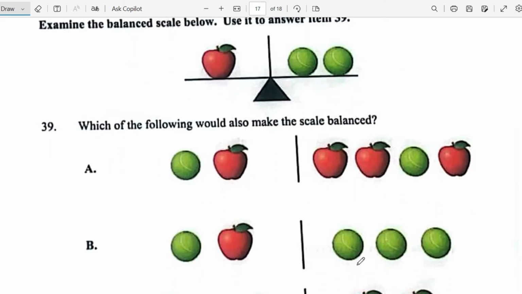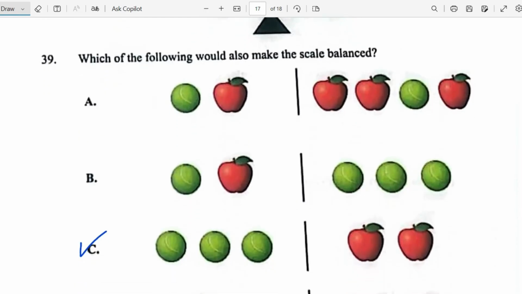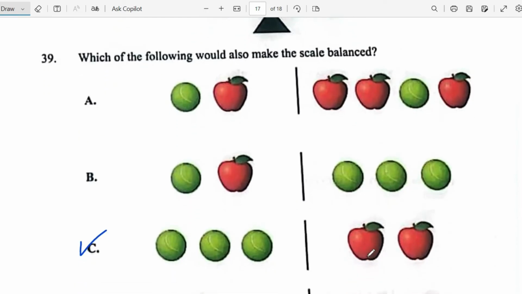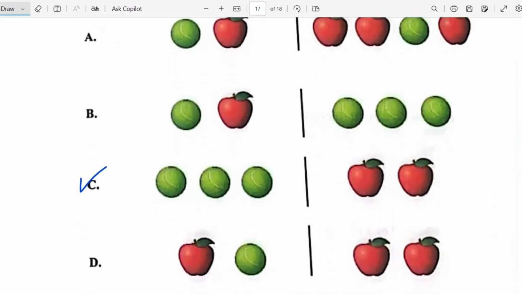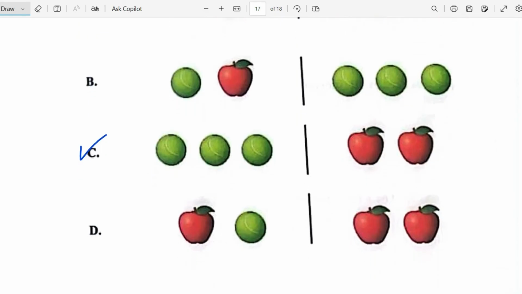And we have 1 apple here and there are many balls here. And we also have balls over this side. It can be C because we can say that if we add on 1 more apple, we can add on another 1 ball. And here we don't have enough balls, so the answer is C.